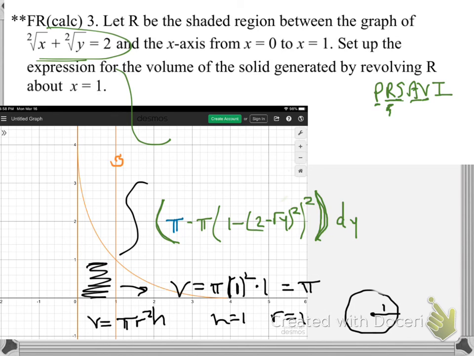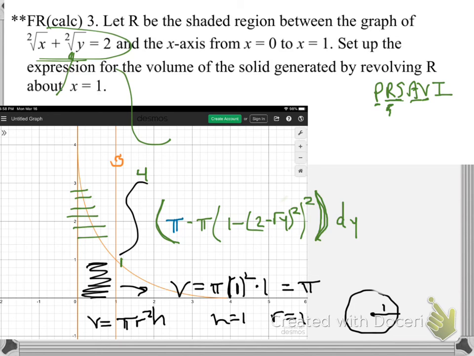They're going to start at 1, and I'm going to keep slicing and slicing until this curve actually touches the y-axis. Where does that curve touch the y-axis? As soon as the y value is 4, the square root of 4 equals 2. So I know it's actually going to touch at 4.